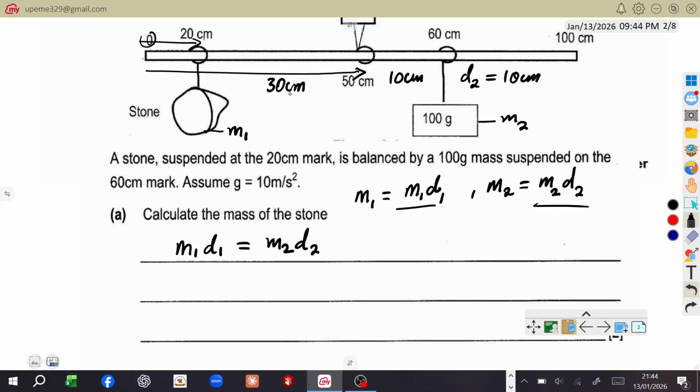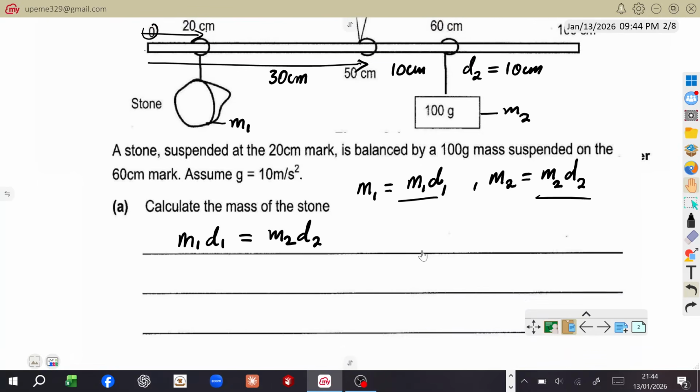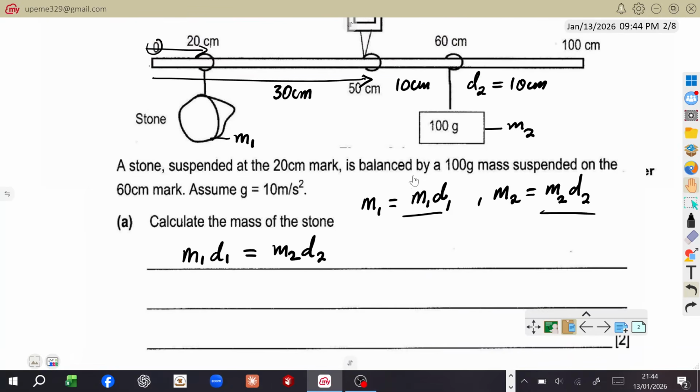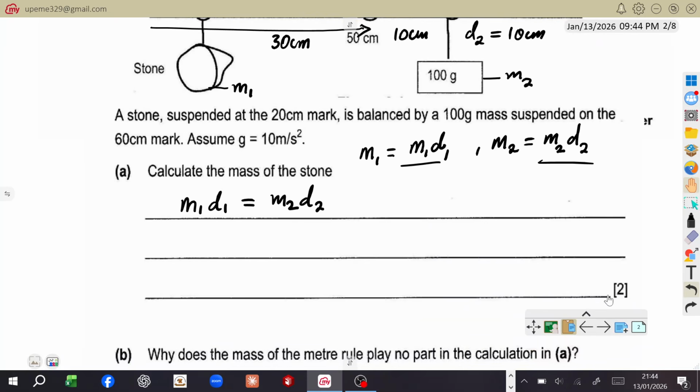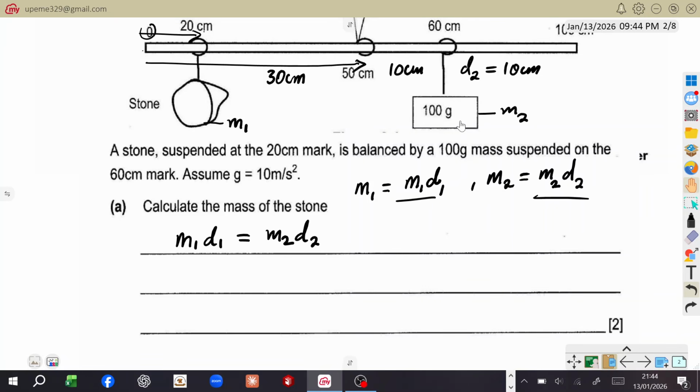So all this work that you are doing, you see this question is 2 marks, but all this work that you are doing to understand everything is just leading you to get 2 marks. So when people fail in science, don't think that teachers are not teaching. No, it is how stingy they are in the way they distribute marks.